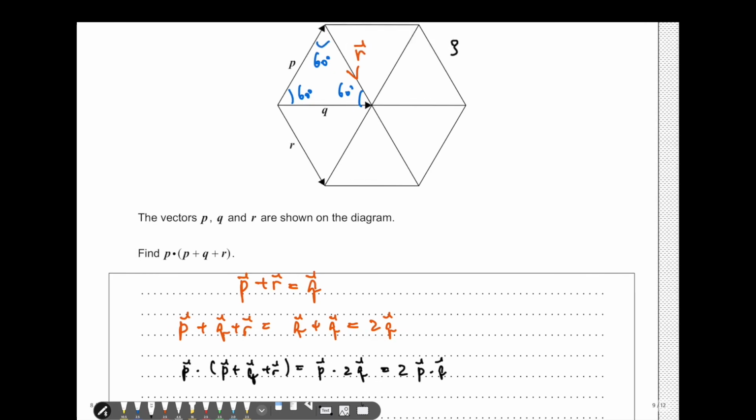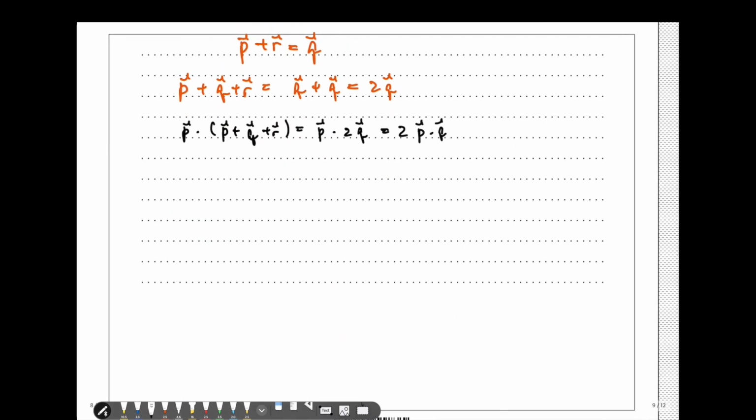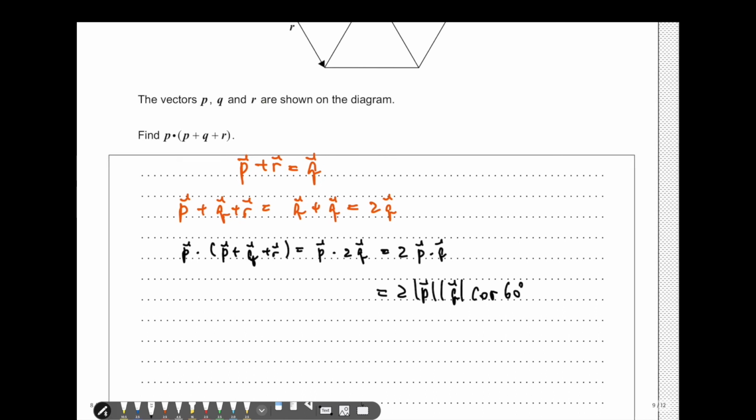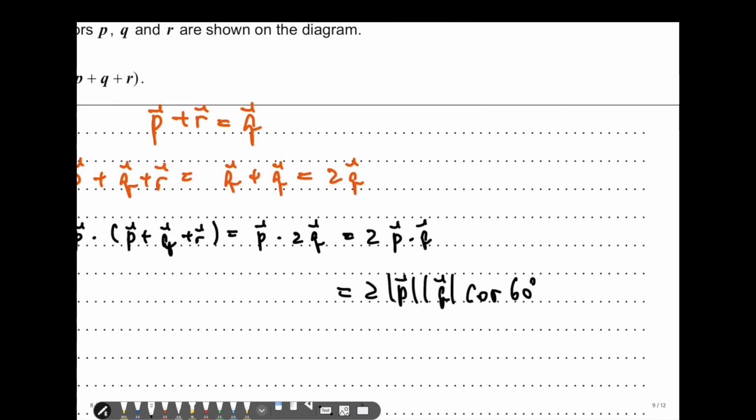So it's now asking P dot Q, and we know this formula is just equal to the magnitude of P and the magnitude of Q times cosine of the angle between them, which is just 60 degrees. So that is to find the projection of the vectors together.